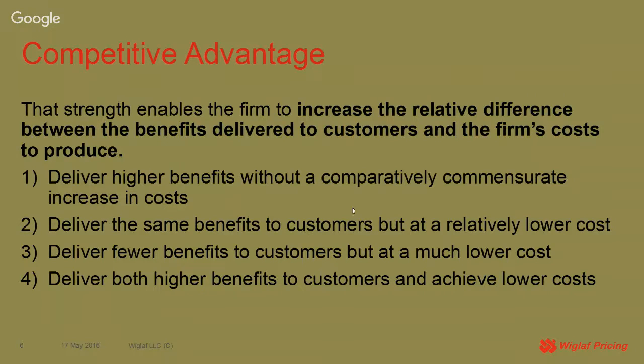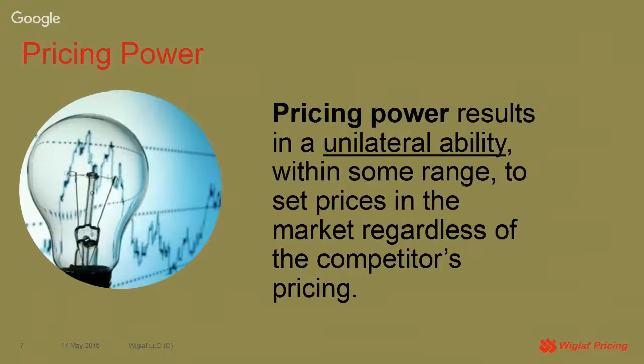Now, obviously, this is not easy. This is difficult. One of the key questions people should ask is, do I actually have a competitive advantage? Sometimes you do. Many times you don't. The next part of the question is, do you have pricing power?